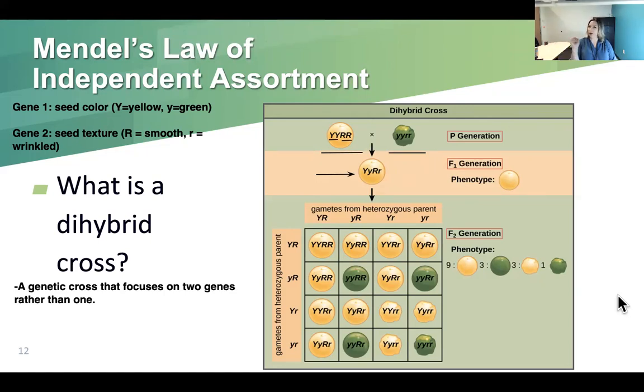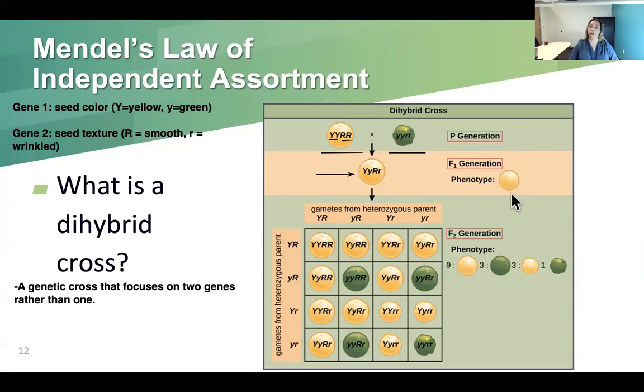The only way you will have a wrinkled seed is if it is little r, little r. So we have the parental cross, true breeding, they're homozygous for both genes. When I say homozygous or heterozygous, you have to talk about both genes, okay? Because they could be homozygous for seed color, heterozygous for seed texture.